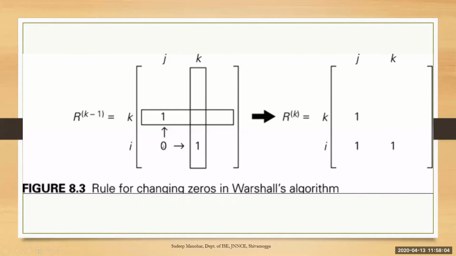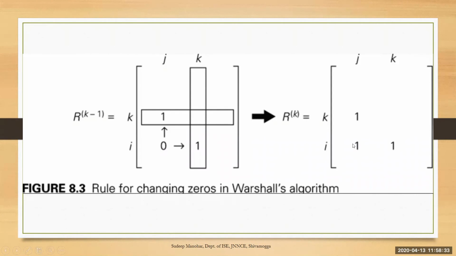Once again, this 0 becomes a 1 in the next step only when, in its corresponding column and row, there is a 1. There will be many rows and columns, but we have to consider the kth row and the kth column.